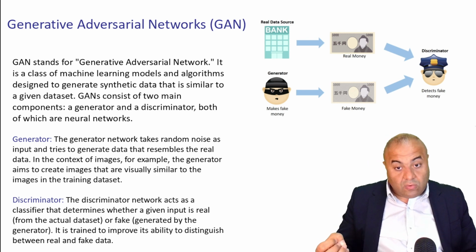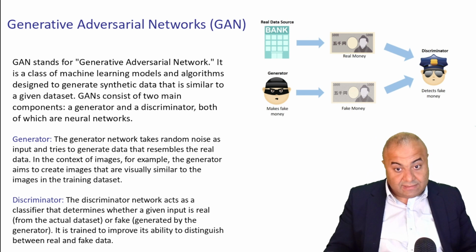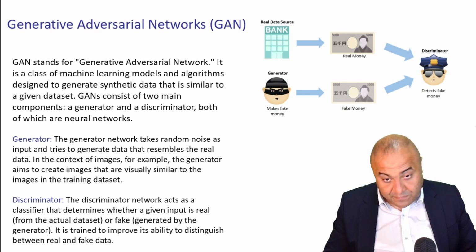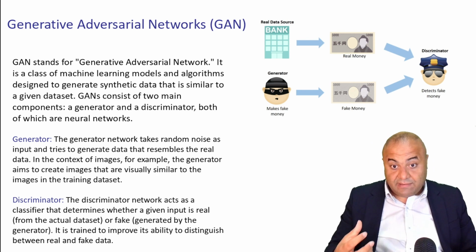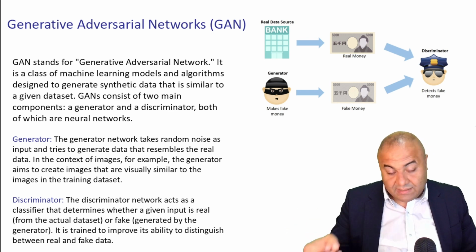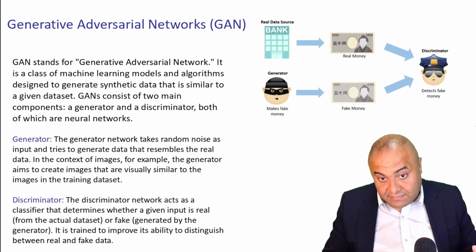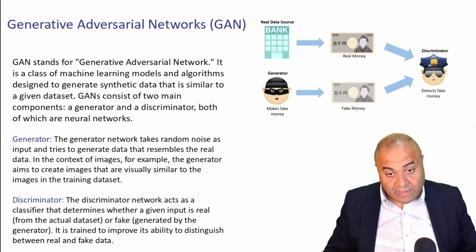The discriminator always tries to predict the correct thing, that is, identifying which image is real and which image is fake. The generator, on the other hand, will try to fool the discriminator by creating better and better versions of this image of the currency that mimic, in this case, the 5,000 yen currency.